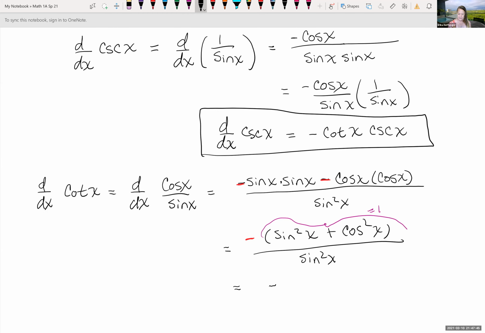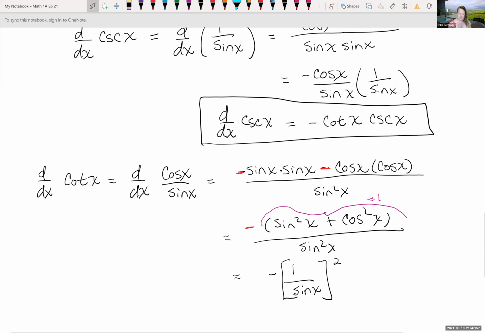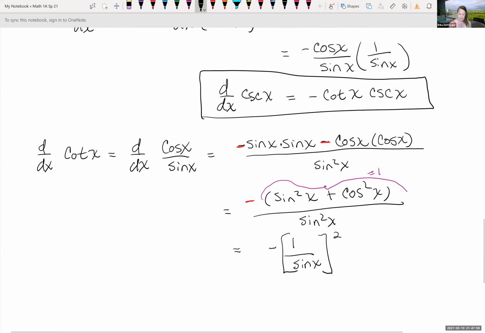Another way to write this is -1 times 1 over sine x, which we can think of as squared. I just left the negative out front because if I squared the negative, that would make it positive, and I don't want to do that. And I know 1 over sine x is cosecant x. We have negative cosecant squared x.